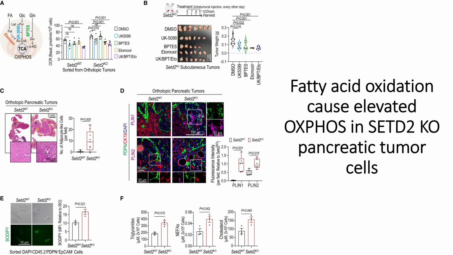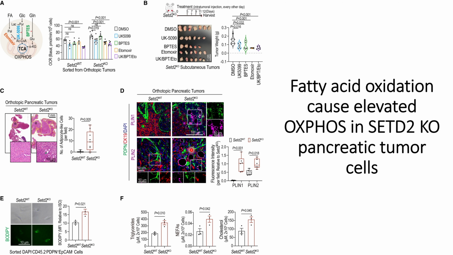And for PLIN2, they do not see a complete overlap of PDPN and PLIN2, but they also do not see any overlap of PLIN2 with CK19, indicating that the PLIN2 positive cells are also in the stroma, not in the pancreatic tumors.